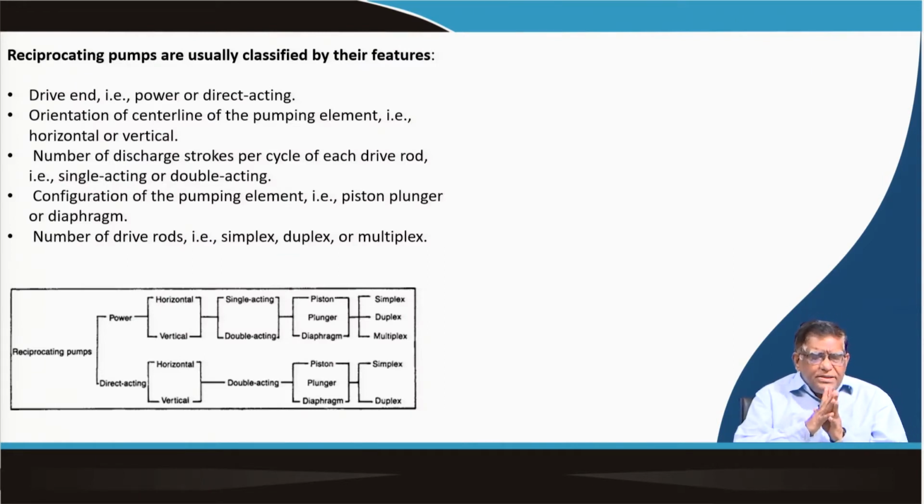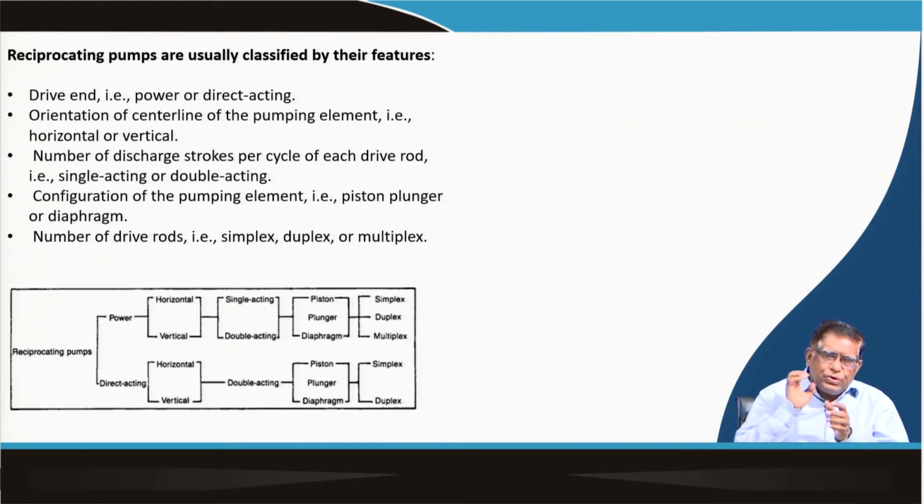Now, reciprocating pumps are also of different types. Basically, they are based on how the power is imparted, whether the pump is horizontal or vertical, and whether it is single acting or double acting.